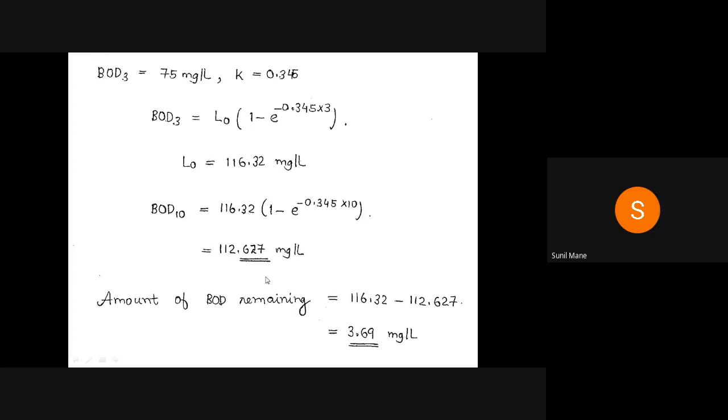Basically, what is our aim whenever we are disposing the wastewater? After disposing the wastewater, what would be the biochemical oxygen demand? That is what we want to calculate. Whatever our wastewater volume is, that volume would be discharged.